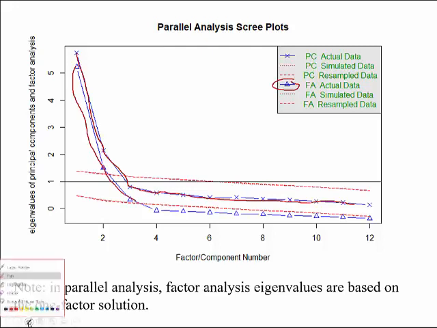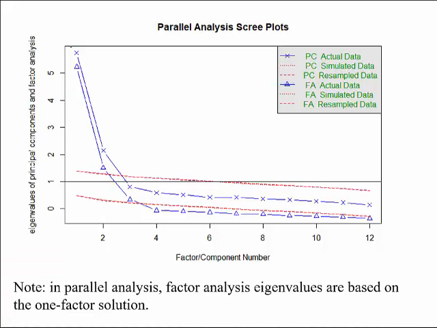Also, if I get the parallel analysis, the estimated eigenvalues that we get just based on randomness alone, the top red line here is from doing a principal components analysis, and the bottom one is from a factor analysis. So even there, our eigenvalues from the principal components analysis are higher than the ones for the factor analysis. So the main thing to note there, again, is that the eigenvalues tend to be a little bit higher when we're doing principal components analysis and a little bit lower when we're doing factor analysis proper.